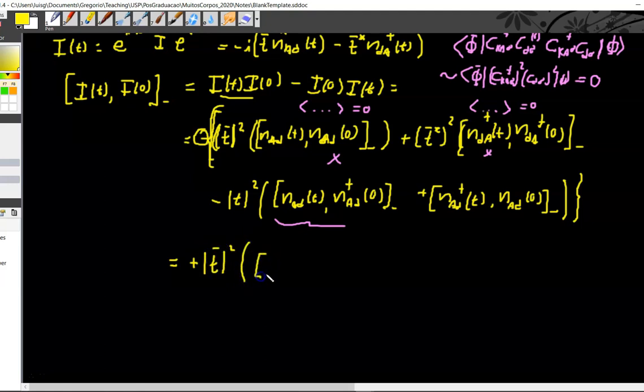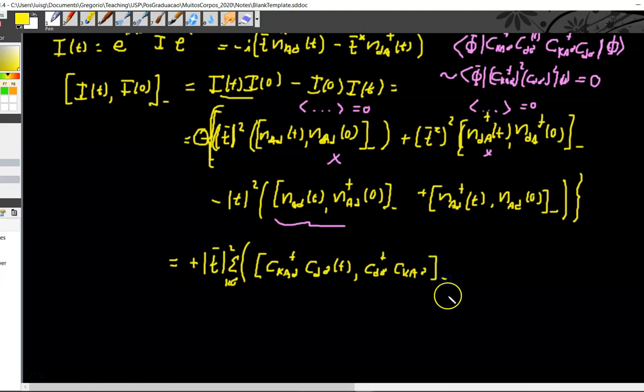Of the commutator of c k a dagger, c d sigma. Okay, there's a sum over sigma here, and a sum over k as well. k and sigma at a time T. Times c d, c k a sigma at time 0.